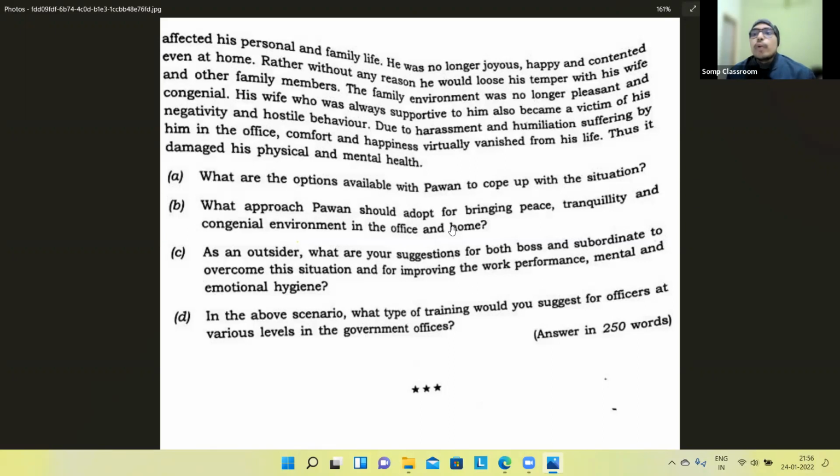So how I would have concluded: the case study shows the need for constant training, not only for upskilling and reskilling, but also as a method to express pent-up feelings. You can search the word pent-up feelings.